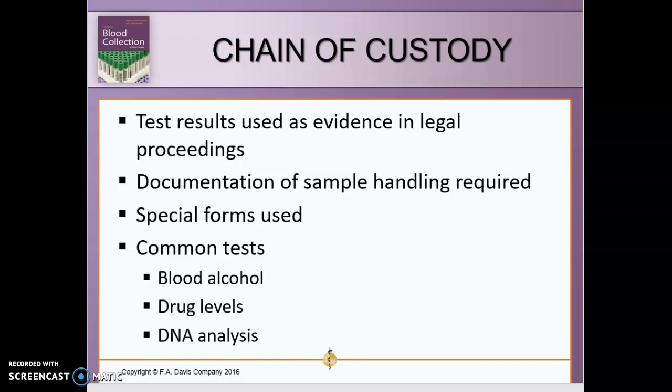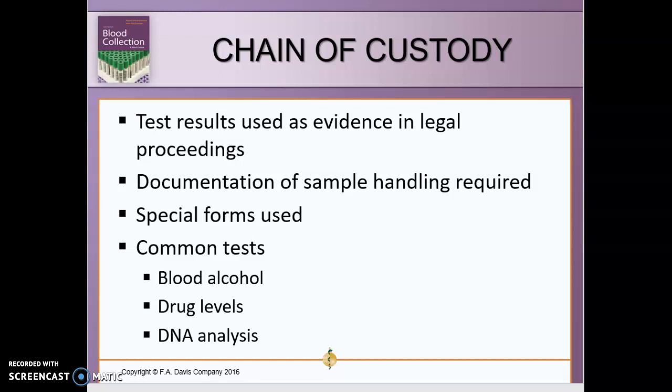Special forms are provided and must be completed to track the sample handling. These forms include the date, the time, and the identity of the person handling the sample. From start to finish, a series of forms follows the specimen from the time it's collected till the time it's reported off.